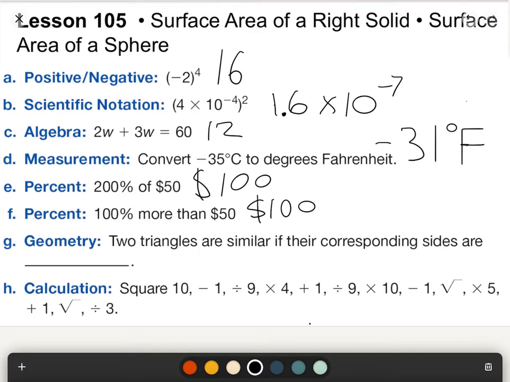This is not easy. No. Very, very close though. I mean, you could easily have thought it was that. Okay, yeah. No, not necessarily. Equilateral? No. Identical? No.